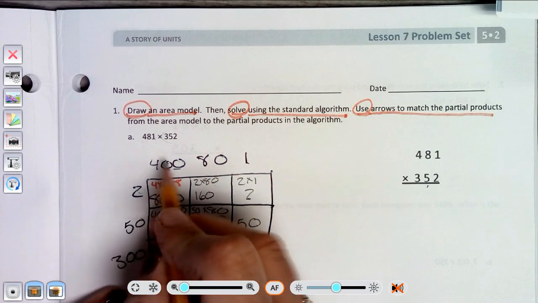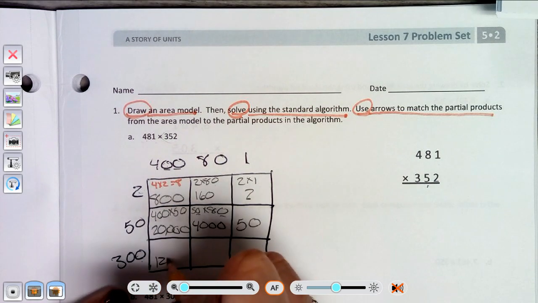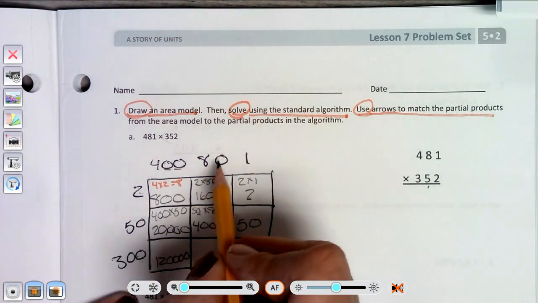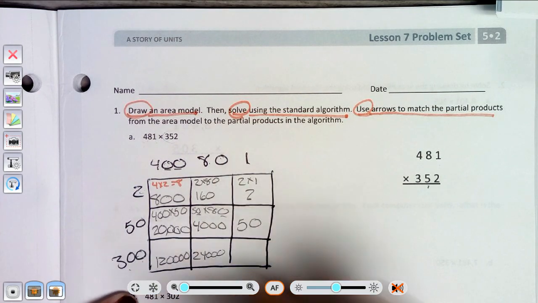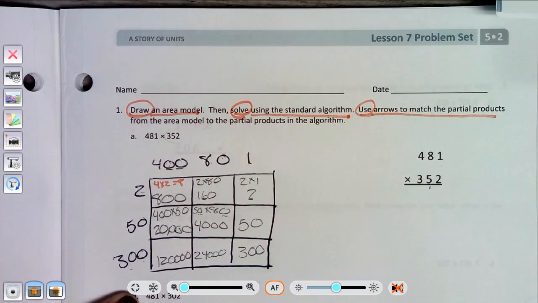Basic fact, 4 times 3 is 12. And I need 1, 2, 3, 4 zeros. Basic fact, 3 times 8 is 24. And I have 1, 2, 3 zeros. 1 times 300 is 300.